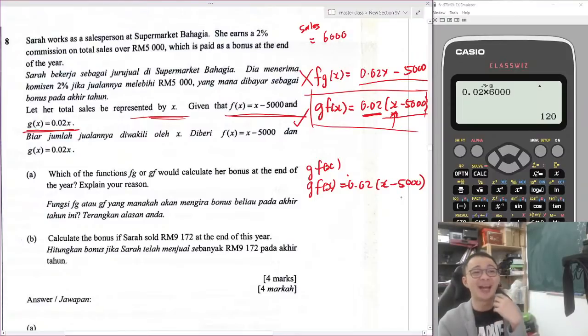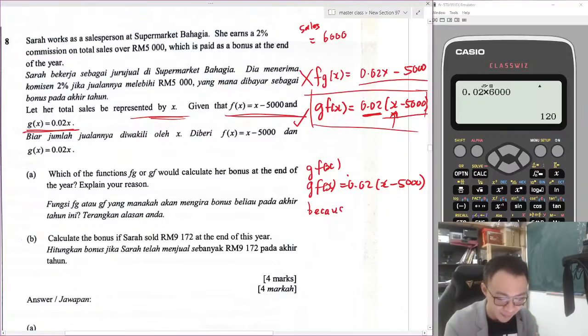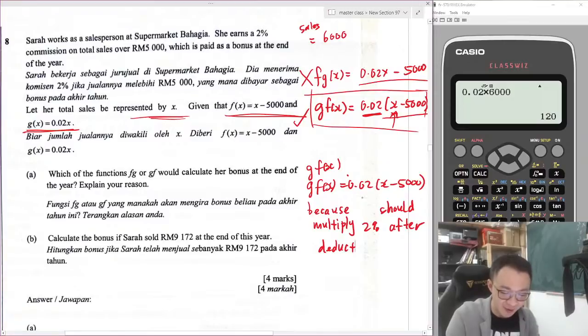If you want me to give a reason, we will say because it should multiply 2% after deducting, because the x should multiply 2% after deducting 5,000.